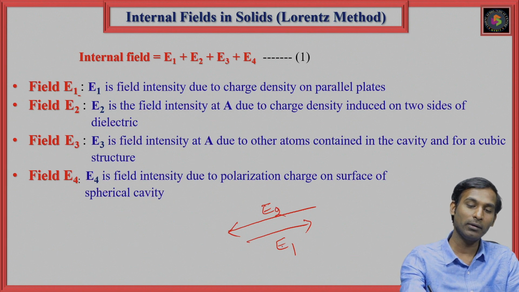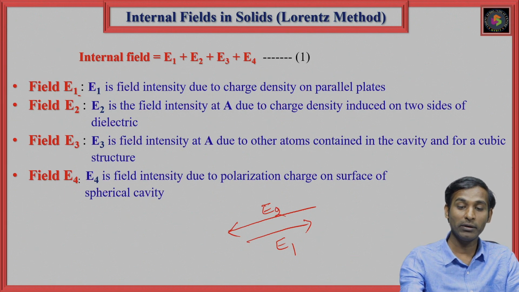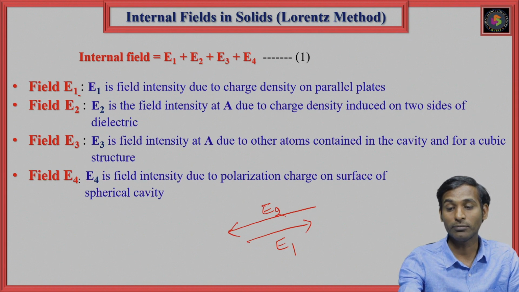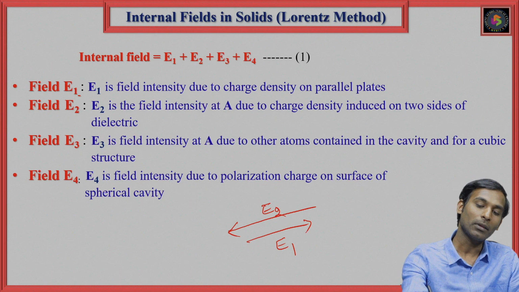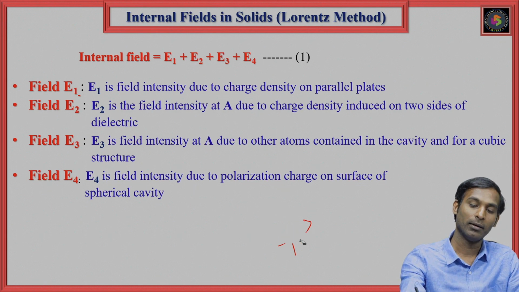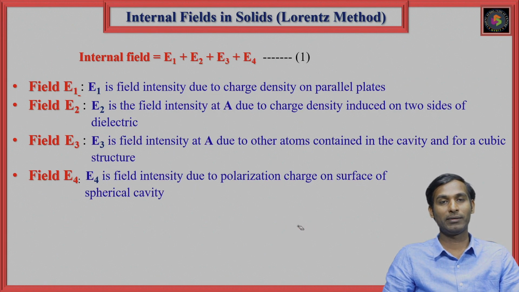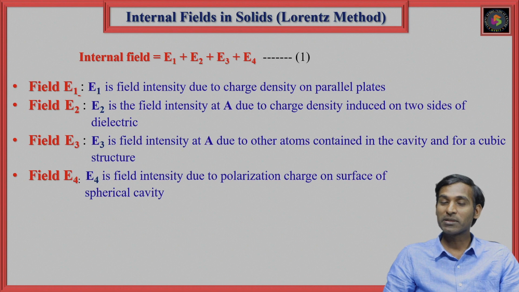Okay, field E1 and field E2. Field E2 is induced, that is charge density induced on two sides of the dielectric material. After that, field E3. E3 is field intensity at atom A due to other atoms contained in the cavity, for a cubic structure.